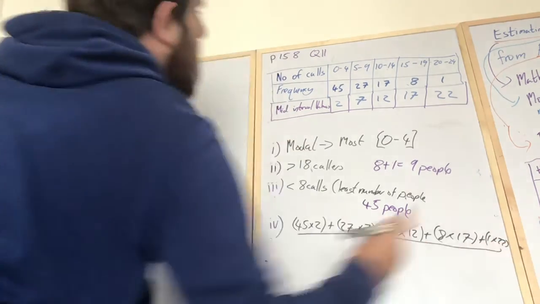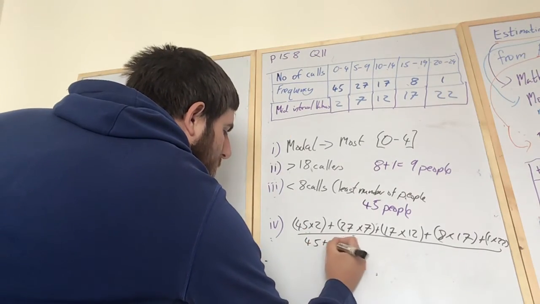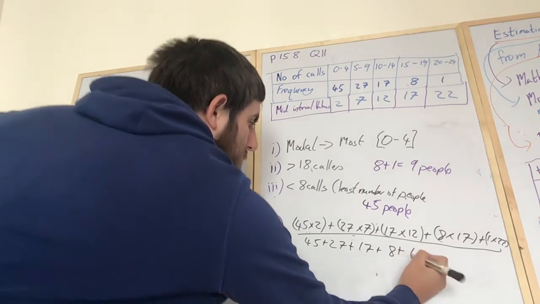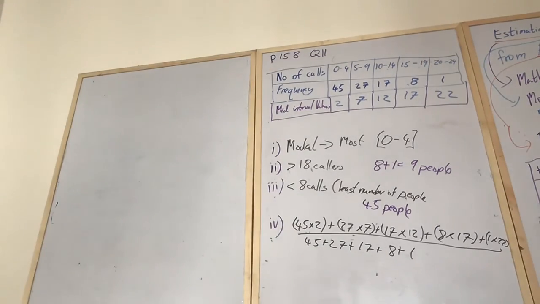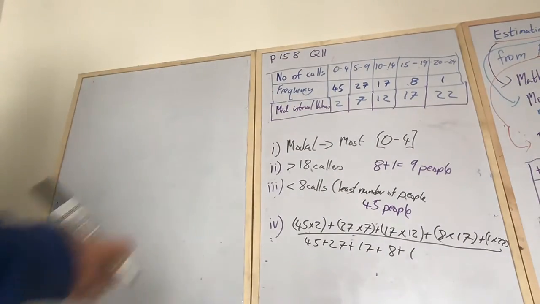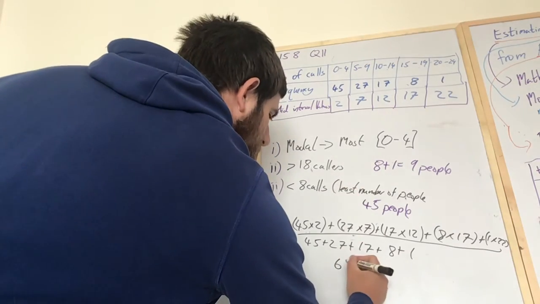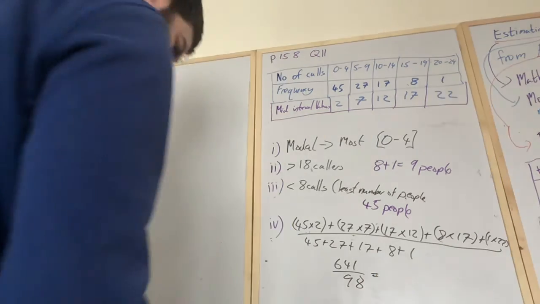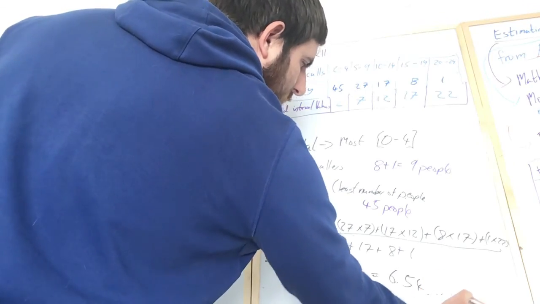Then we divide it by the frequency, which is 45 plus 27 plus 17 plus 8 plus 1. You could just type it into a calculator and press the equals button to get an answer. I have it here that the top would have been 641, divided by the frequency 98, which gives you a total of 6.54, and it keeps going.